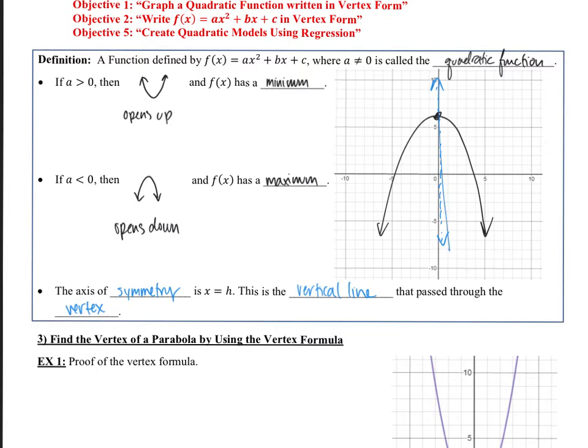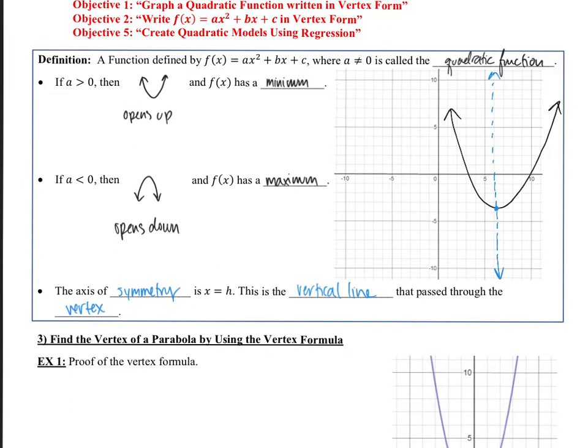And remember, our parabola might not always be smack in the middle of our graph. It's possible that we might have a parabola that could be somewhere off to the side, like so, maybe we have a parabola opening upwards like this. And then our axis of symmetry would be wherever the vertex is, right here. What's special about the axis of symmetry? Well, basically it's saying it's symmetric.